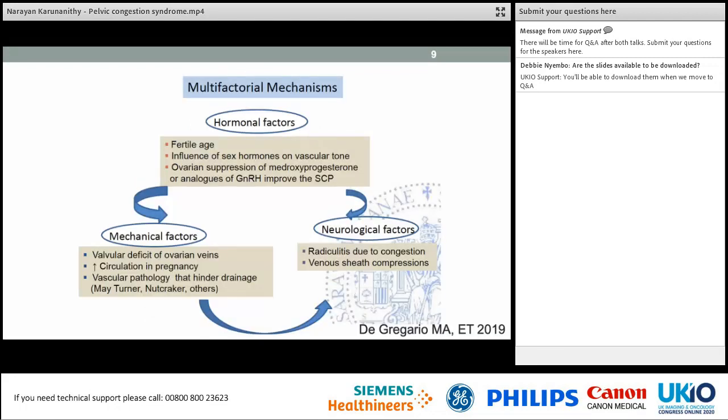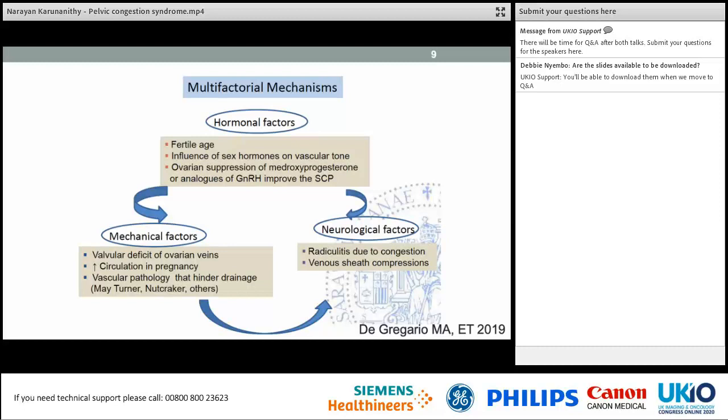When considering the cause for pain in pelvic congestion, it's important to bear in mind that a number of factors could potentially play a role in causing pain. And we know that there's likely to be a hormonal factor to it, because we know that women who develop it are of child-producing age, and we know that certain medical therapies which result in ovarian suppression can result in improvement in symptoms.